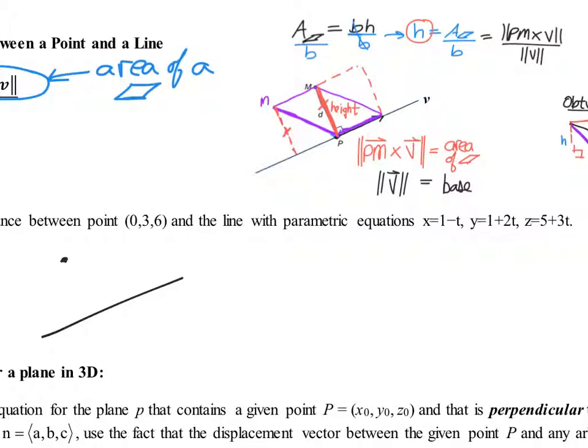So you have 1 minus t, 1 plus 2t, and 5 plus 3t. And we learned last class that corresponds to some parallel vector v, which would have components of -1, 2, and 3.